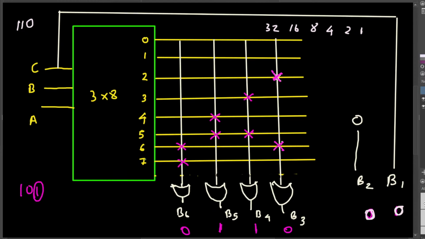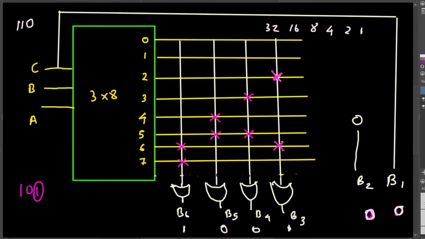So you have to look at 6 and look where it's connected. 6 is connected at B6, and also at B3. And others are 0.